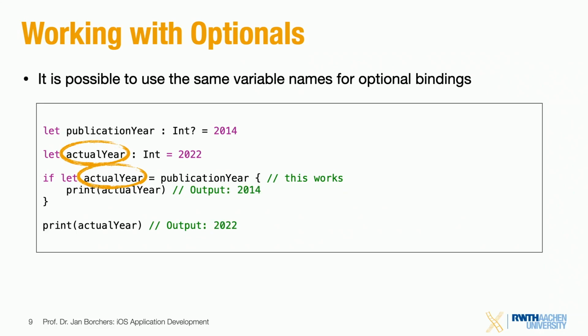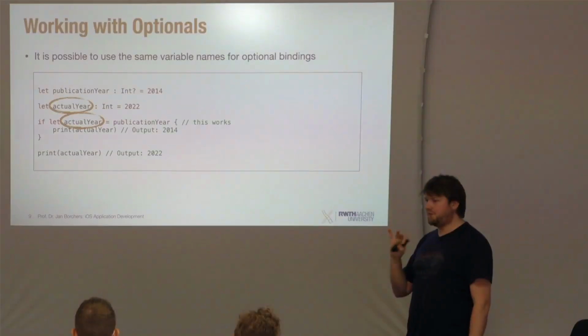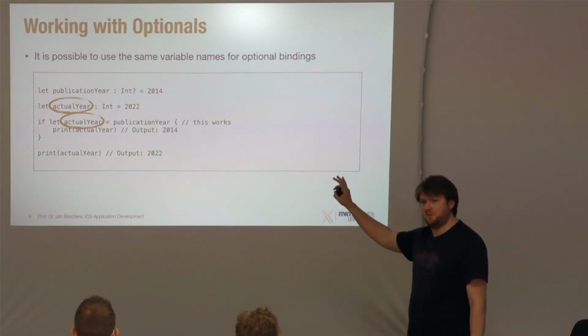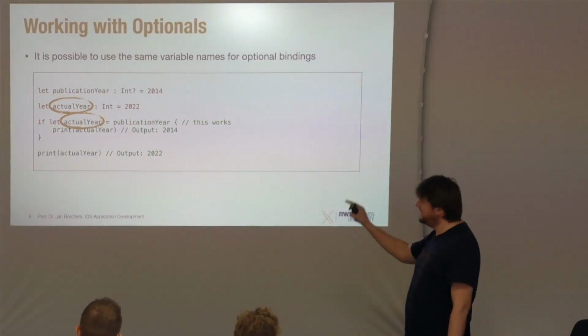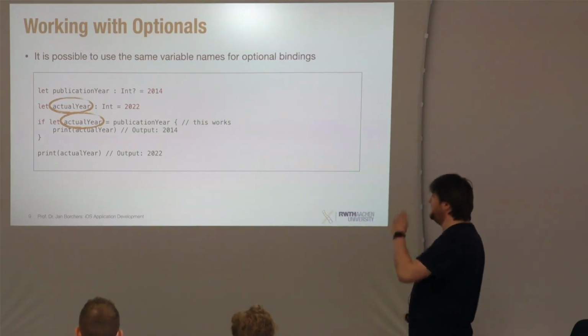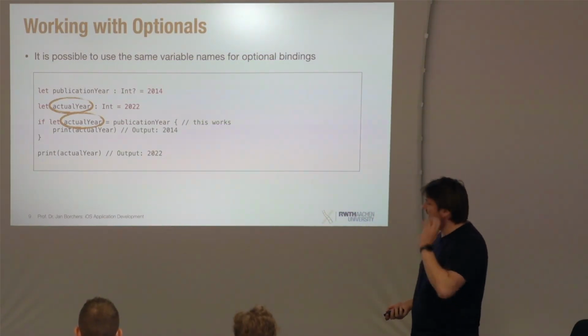So the term for that is shadowing of variables, that within this if-let statement or context, I can reuse the variable names and actually have here another constant that is only defined within this space. Of course, a horrible way to name your variables at this point. Just an interesting thing to notice that it works.